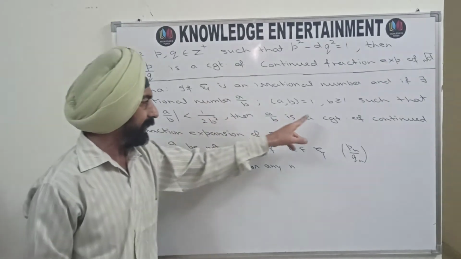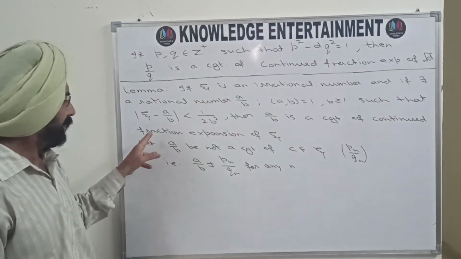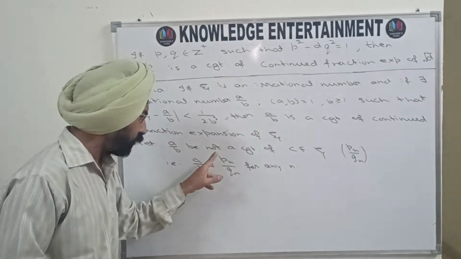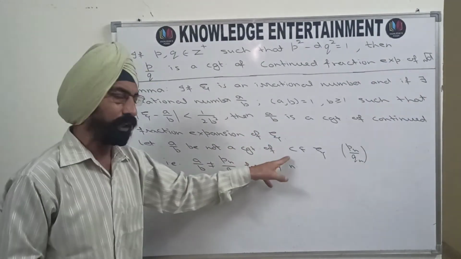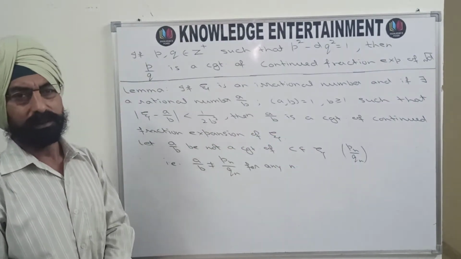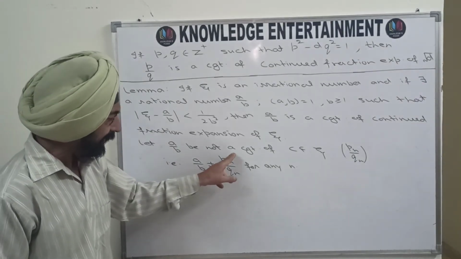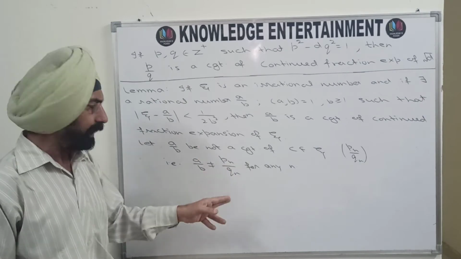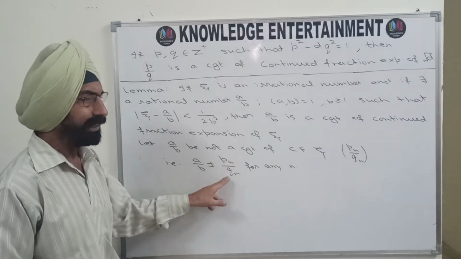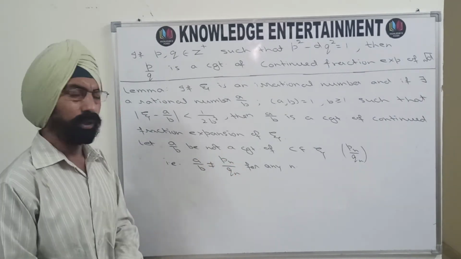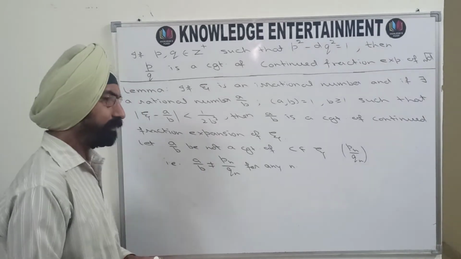We have to prove that this is a convergent of the continued fraction expansion of xi. We have supposed that it is not a convergent, so a upon b is not equal to any convergent, in general the nth convergent.